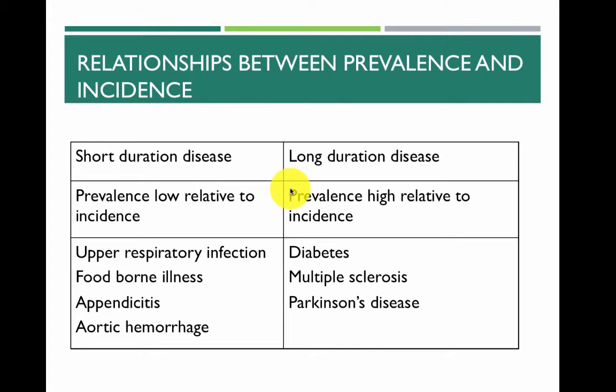Foodborne illness, appendicitis, hemorrhage. So compare those to long duration diseases where the prevalence of those diseases is typically high as compared to the incidence rate. So something like diabetes or multiple sclerosis or Parkinson's, where they're not that common, but you live with that disease for a long time, the prevalence rate is going to be high.